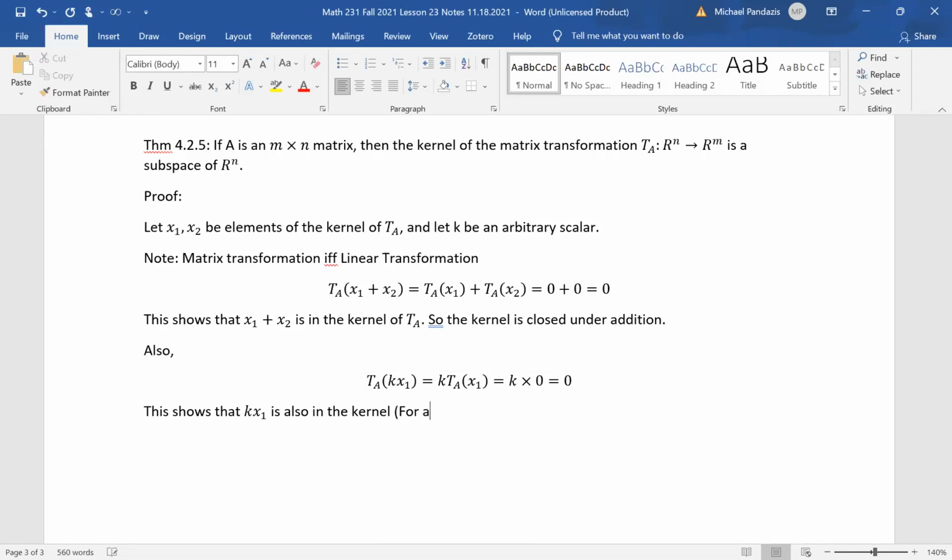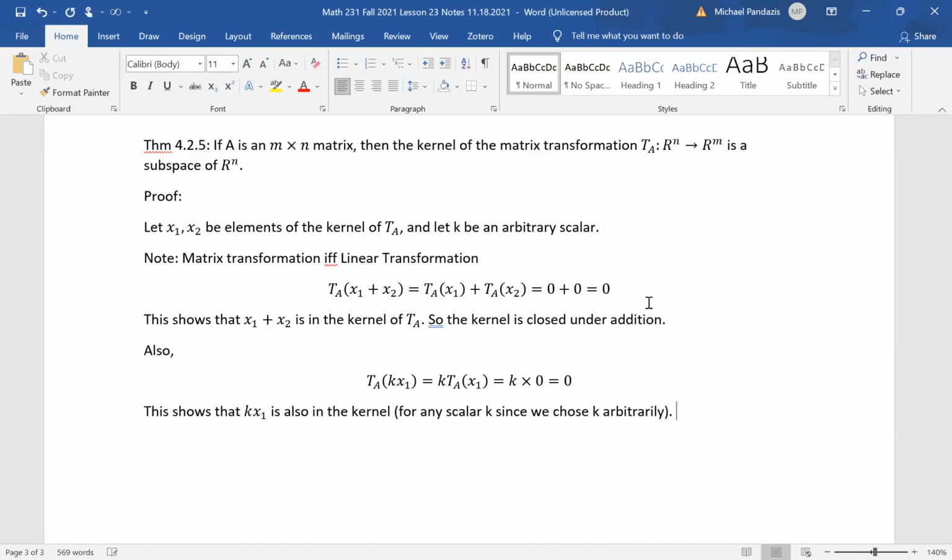And this is for any scalar, okay? Since we chose k arbitrarily, we can do this argument for any arbitrary k that we choose, and so we've shown that kx1 is in the kernel of this matrix transformation for every scalar k.